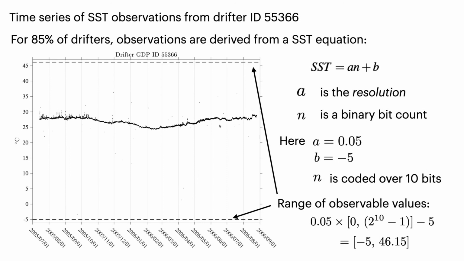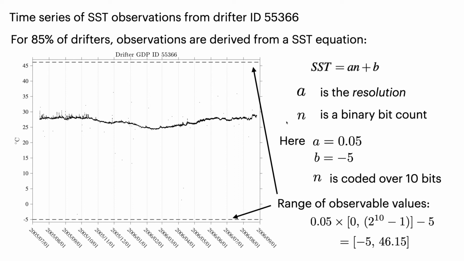The other thing that we have is that for about 85% of the drifters, observations are derived from what we call an SST equation, where basically the SST returned by a sensor is equal to a factor A times N plus B, where A is effectively the resolution of your sensor, N is a binary bit count, and B is just an offset.